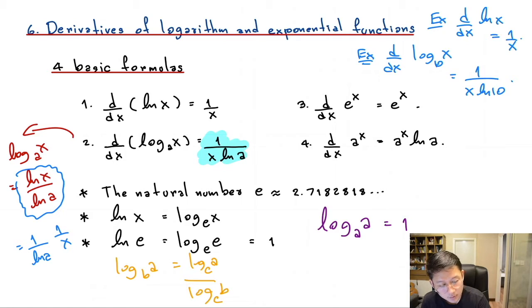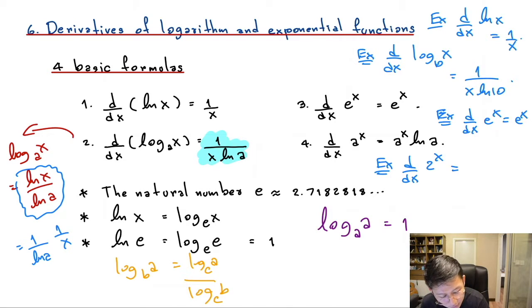The third one, d by dx of e to the x, is e to the x, the same as the third formula. And the fourth one, d by dx of 2 to the x, is 2 to the x log 2. That's the fourth formula.